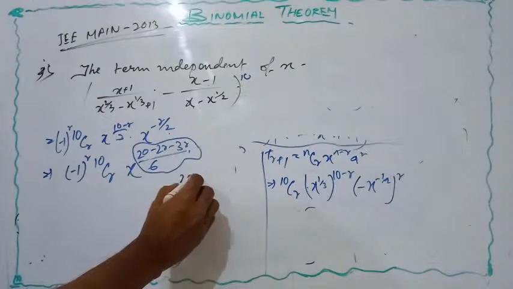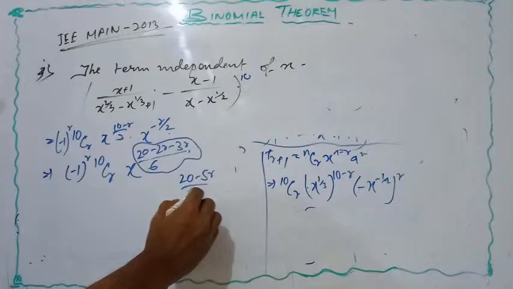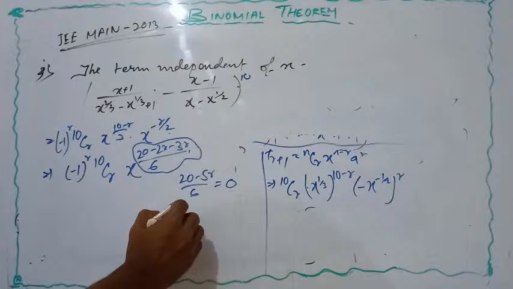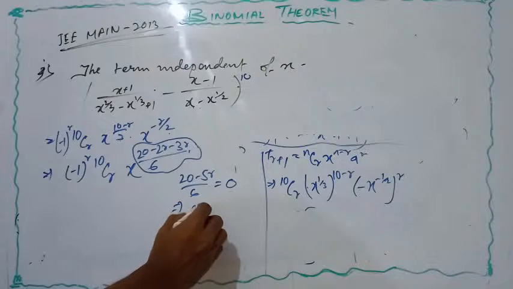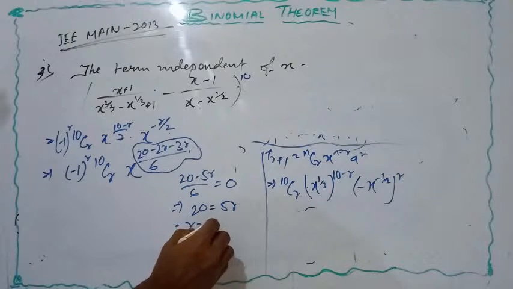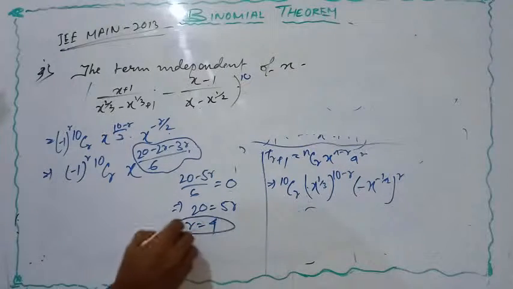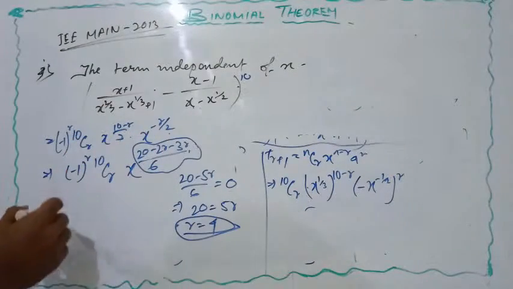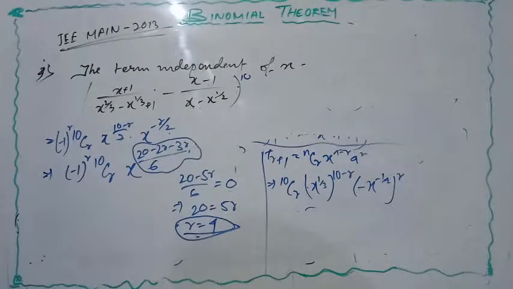So 20 minus 5r by 6, if this is equal to 0, then 20 is equal to 5r, or r equal to 4. So when r is equal to 4, the term is independent of x. Okay.